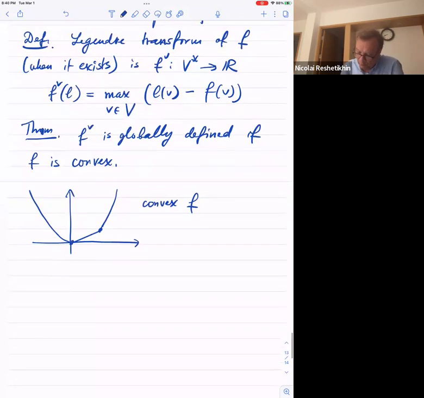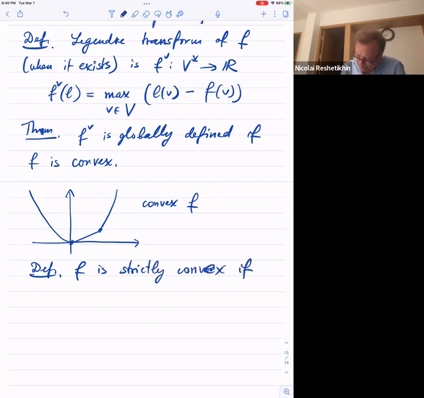So strictly convex, well, I'll put it as a definition. f is strictly convex if there are no flat parts.